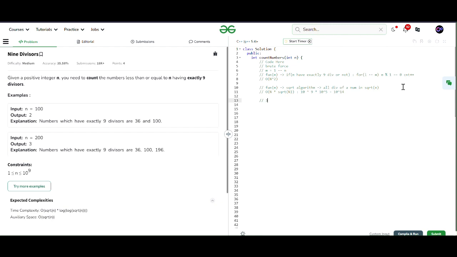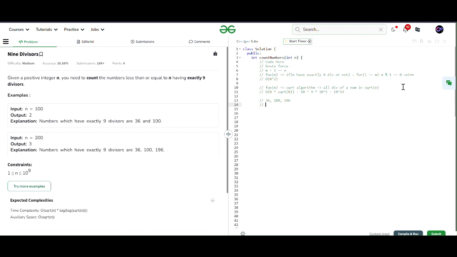If you see 36, 100 and 196, the three numbers in the test cases that are valid, all of these are perfect squares. It is proved that all the numbers included in the answer will be perfect squares only.